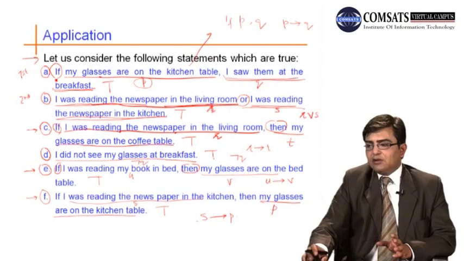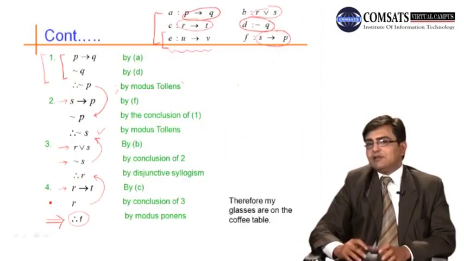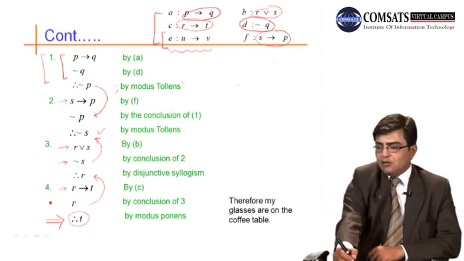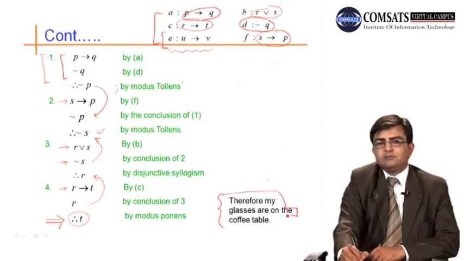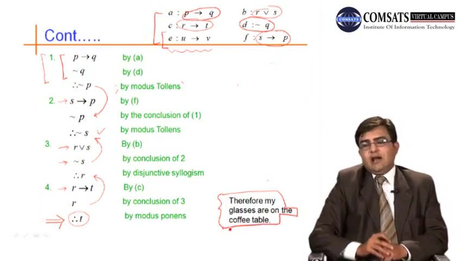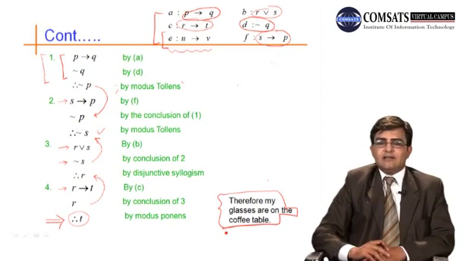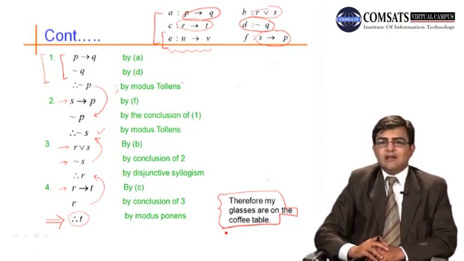So now he concludes that, on the basis of his assumptions, his glasses must be on the coffee table. So this is basically the answer, where he forgets his glasses. Now he can go to the coffee table and pick up his glasses.